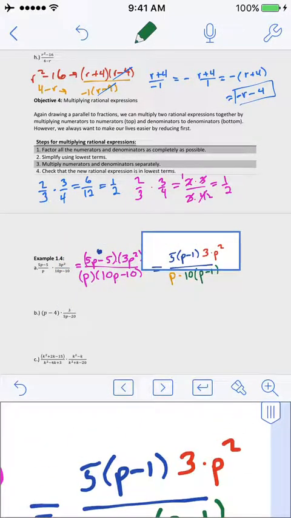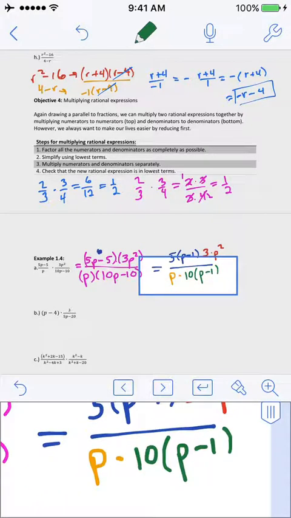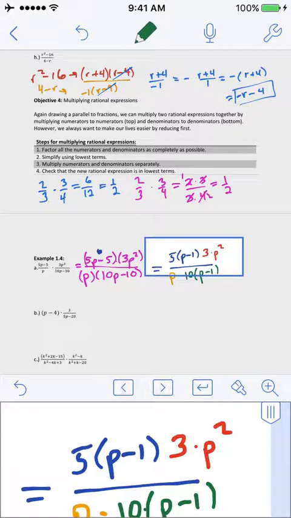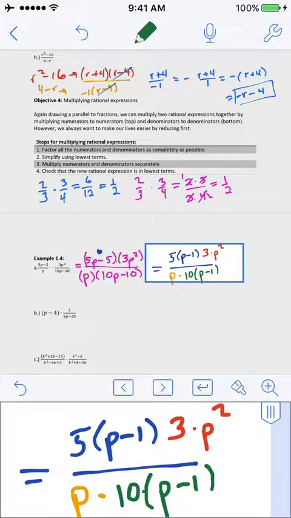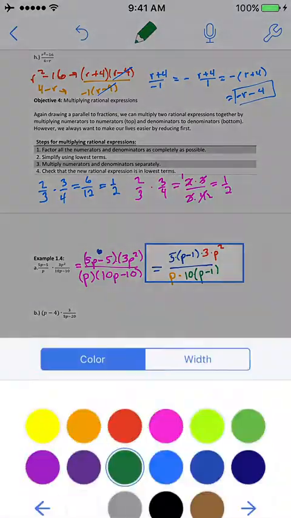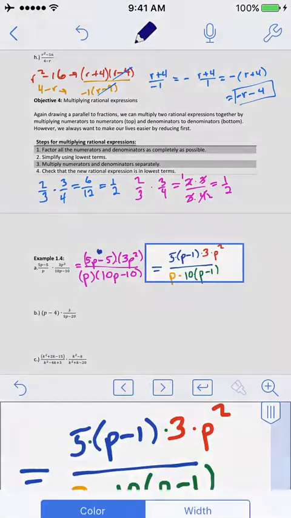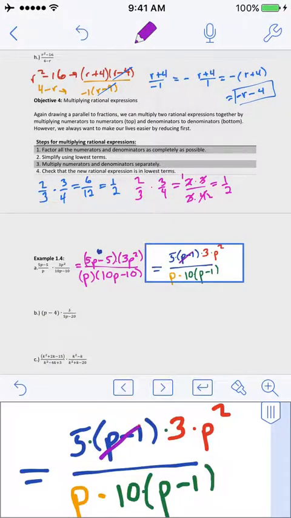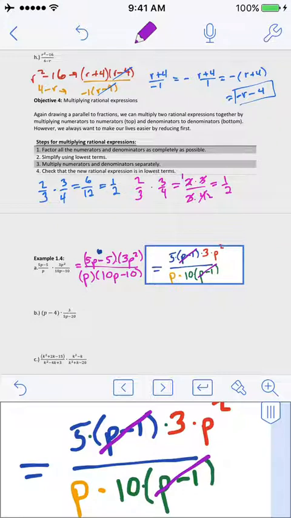I've got 5 times (p minus 1) times 3 times p squared, over p times 10 times (p minus 1). Okay. Well, I see something that'll cancel. Since it's all being multiplied, I can cancel that p minus 1, the only thing that's left in the parentheses. P minus 1 cancels with p minus 1 because they are identical, right? It's not p plus 1 and p minus 1, but it's p minus 1, p minus 1. That is the same thing as a 1, so they cancel, right?